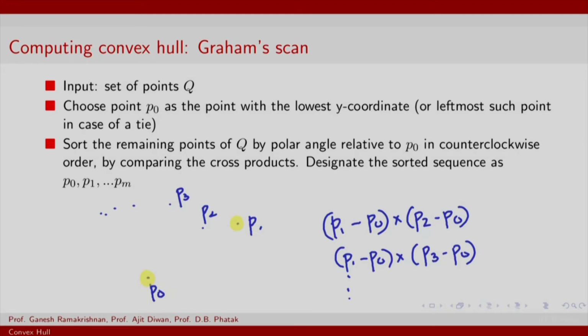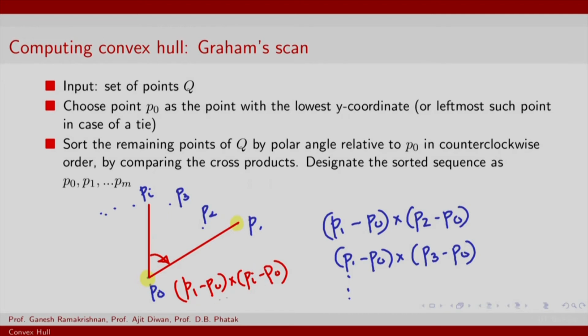What would we expect? Well, we will expect that any point Pi minus P0, its cross product with P1 minus P0, because P1 minus P0 cross product Pi minus P0, this we expect to be positive if and only if P1 is clockwise from Pi with respect to P0, and the value of this cross product, something that we have ignored so far, will give you how much P1 is clockwise from Pi with respect to P0.